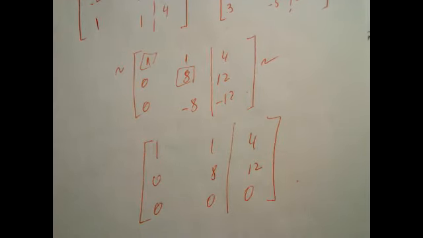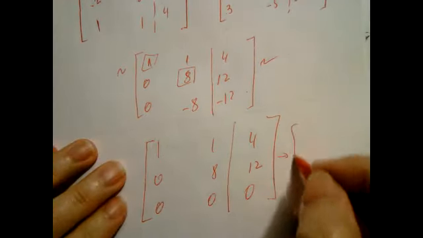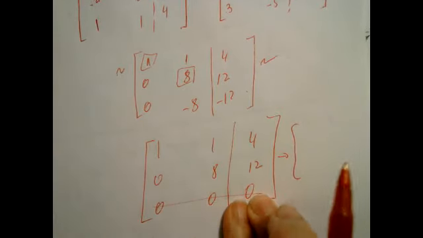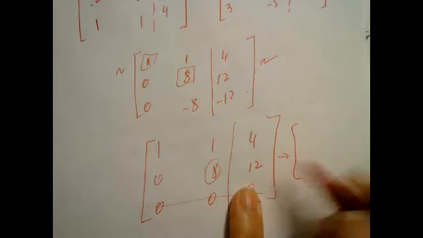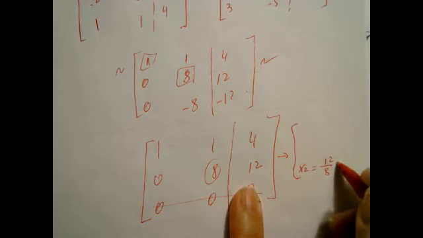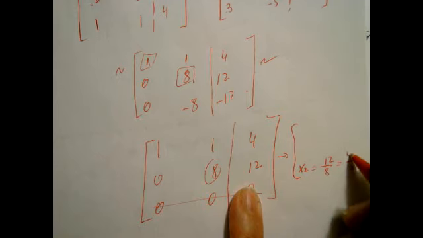Yes, it is. Absolutely. Because we can solve. There is no inconsistency. There is no 0, 0, non-zero. So x2 will be 12 over 8, which, if we divide by 4, is 3/2.